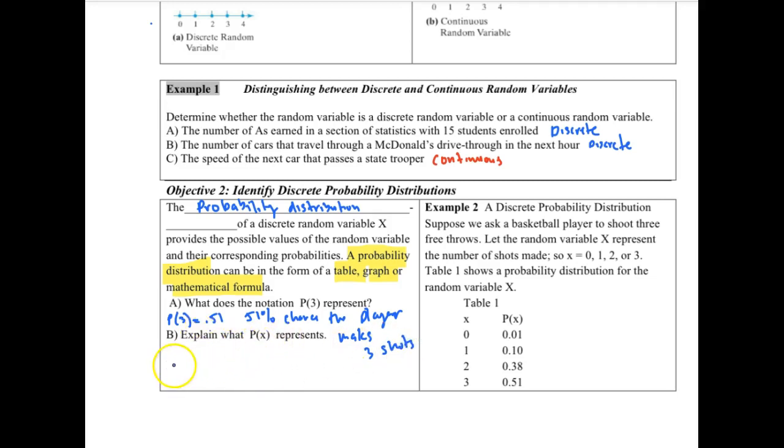And what does P(X) represent? P(X) is the probability of making 0 to 3 shots, and that's what it represents.